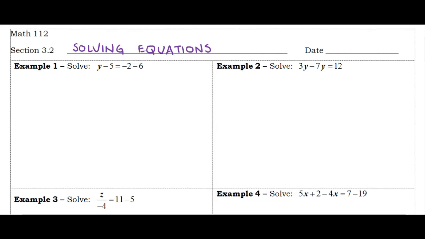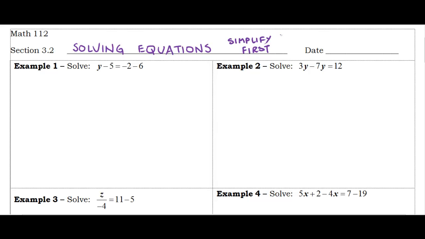Now, there's a reason why we did 3-1 before this section. Here's the reason. Before we can solve or isolate the variable, we need to simplify first.